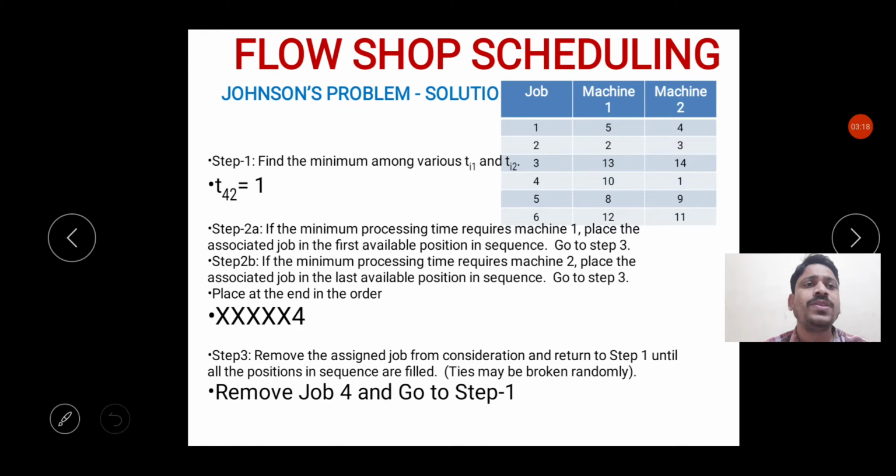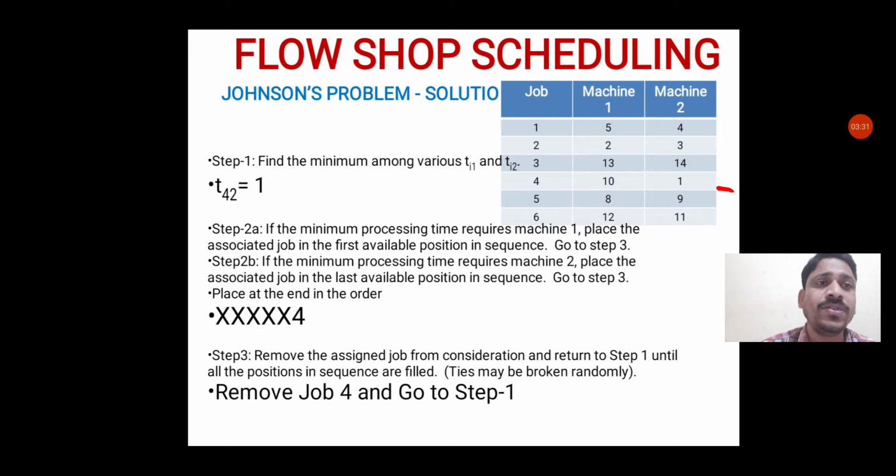So this 1 is of T42, means 4th job, 2nd machine, right? Processing time of 4th job on 2nd machine is 1, which is least among all the processing timings. So as you can observe here, it is on 2nd machine.